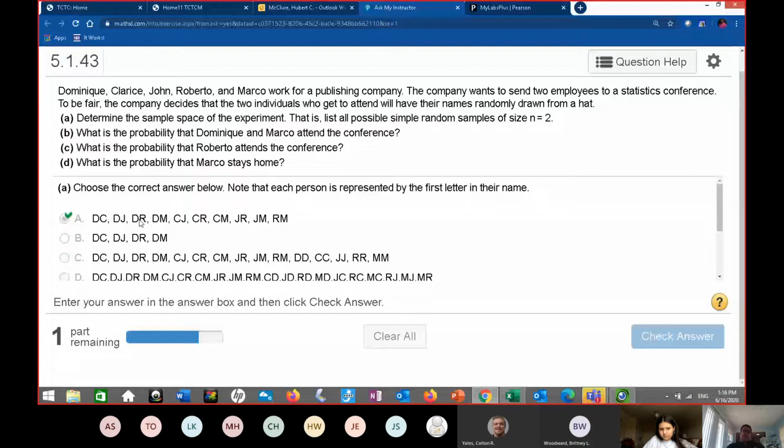I don't know why this question is taking so long to type in answers. Must be something wrong with the question. The probability that Marco stays home. Well, okay, this is a complement. Write this down. Complement is what makes up the whole. If the probability that Roberto attends a conference is 0.4, then what is the complement of 0.4 to 1?